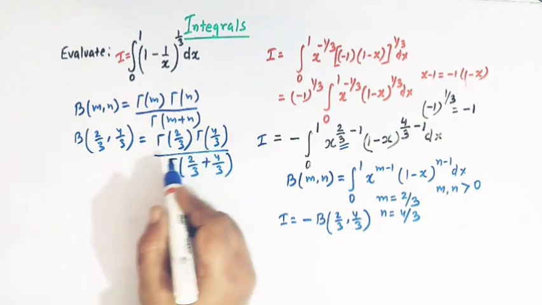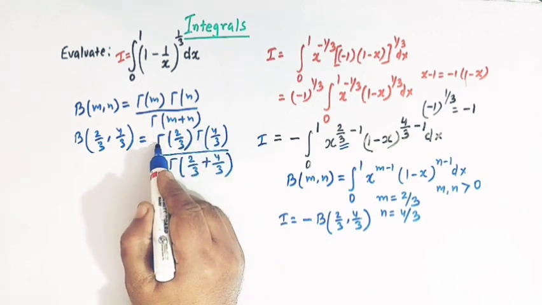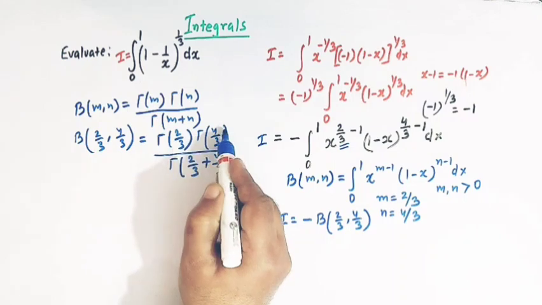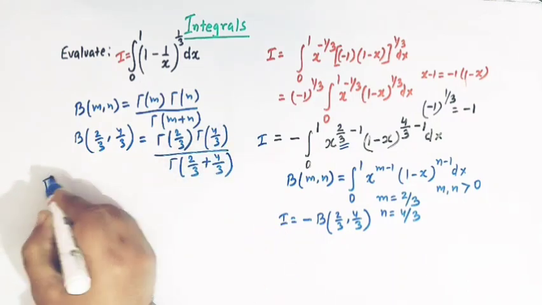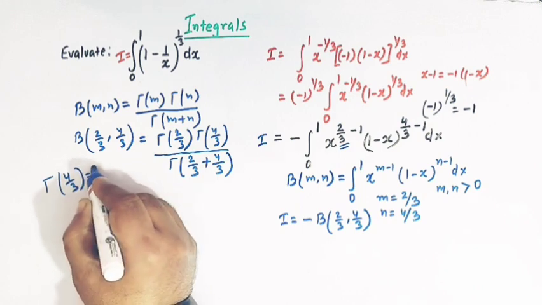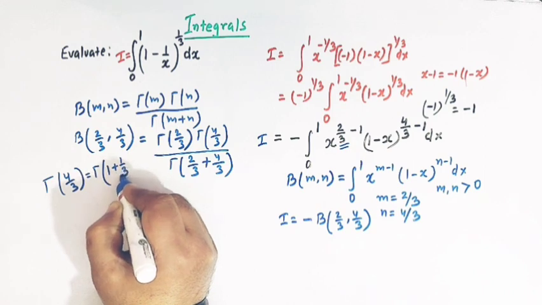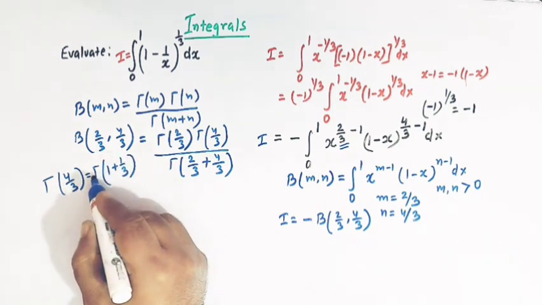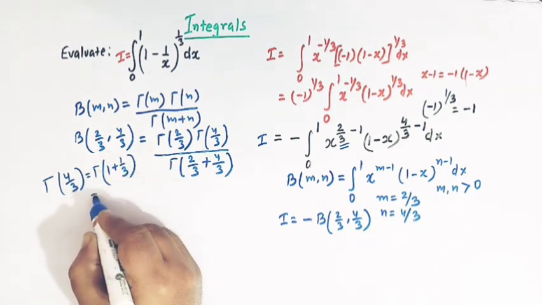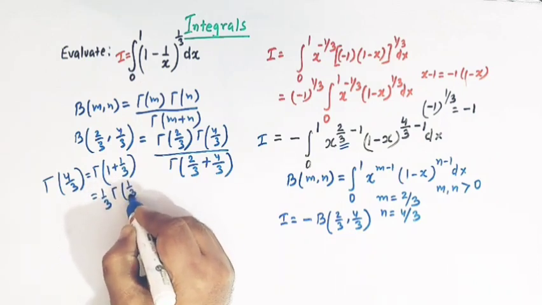So now here we have gamma of 4 by 3, and here we have gamma of 2 by 3. Now see, gamma of 4 by 3 can be written as gamma of 1 plus 1 over 3, which can be written as 1 over 3 gamma of 1 over 3.